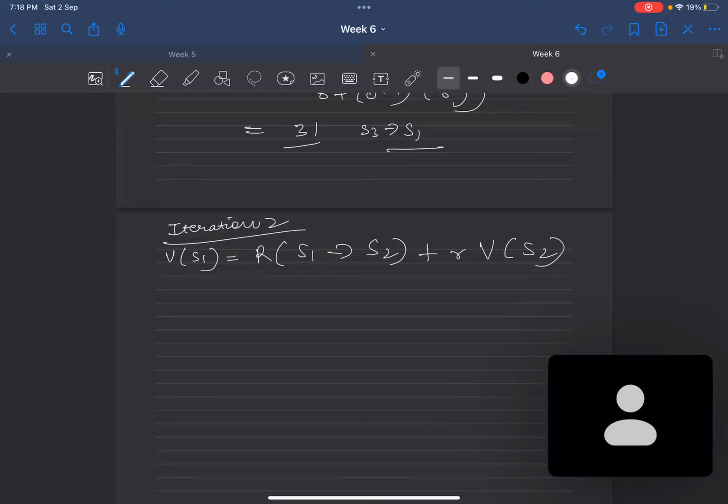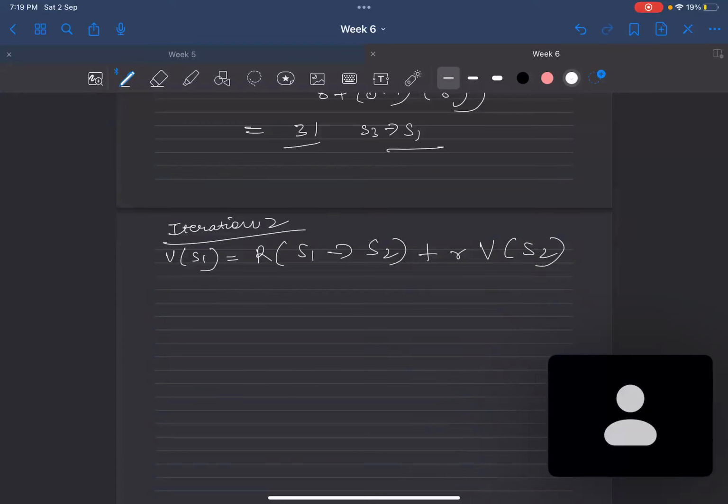Madam, the difference between value iteration and policy iteration: in policy iteration, we are doing an extra step of policy improvement, right? In value iteration, whatever value function we get in the first iteration, we carry to the second and third iterations. Correct.